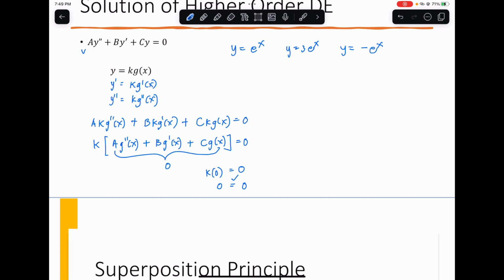Therefore, that makes it a solution of the higher order differential equation. So for a given function that is just multiplied by a constant coefficient, if the solution of a differential equation is multiplied with a constant coefficient, then it is still a solution of the differential equation.